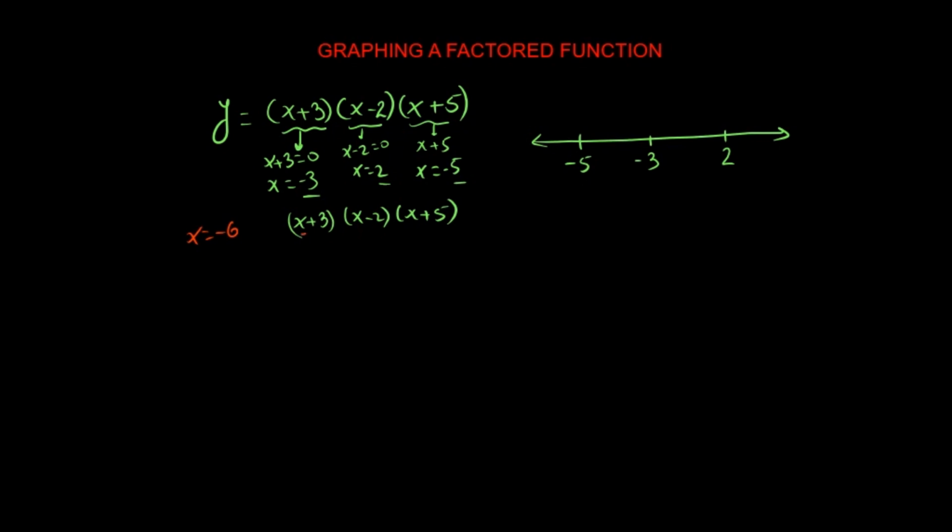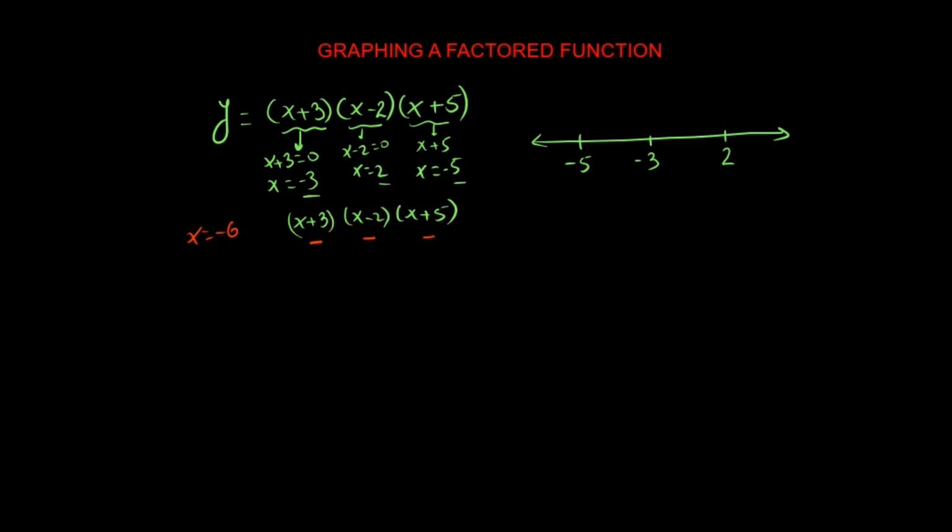When x is minus 6, then minus 6 plus 3 gives you a negative number. Doesn't matter what the number is, it's a negative number. Then x minus 2, which is minus 6 minus 2, is also a negative number. Minus 6 plus 5 is also a negative number. Now, these three factors are being multiplied together.